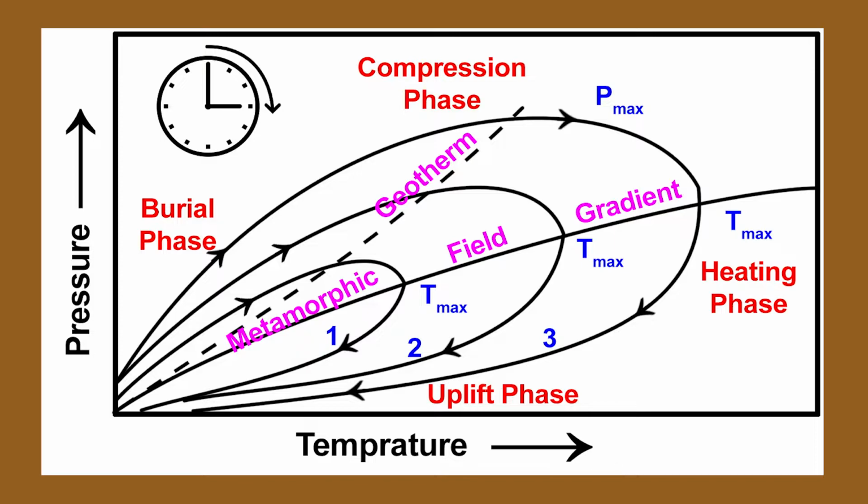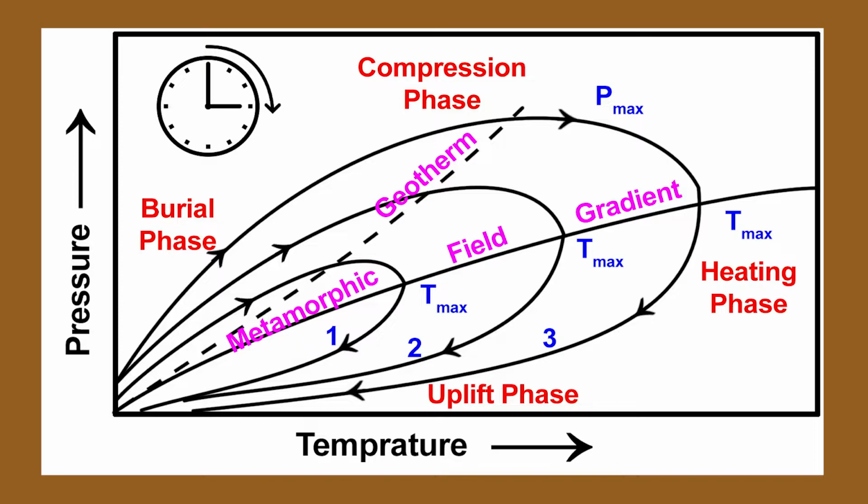There is an essentially varied number of paths for any depositional environment, but they are limited by the maximum depth of burial of the bottom beds in the sequence. The point of maximum pressure any rock reaches in its path is called P max.